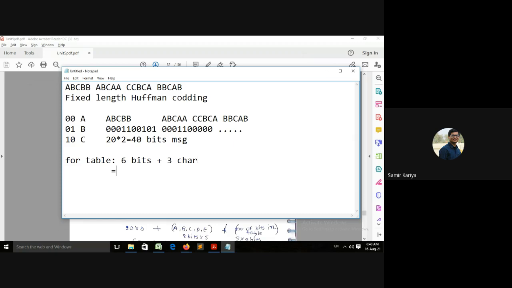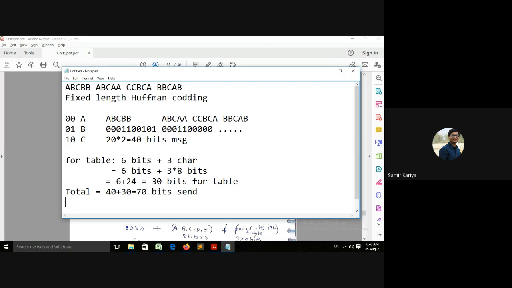That means it requires 6 bits plus 3 into 8 bits. So total here 6 plus 24 is equal to 30 bits for the table. And finally the total, 40 plus 30 is equal to 70 bits sent. So this is the fixed length Huffman coding.